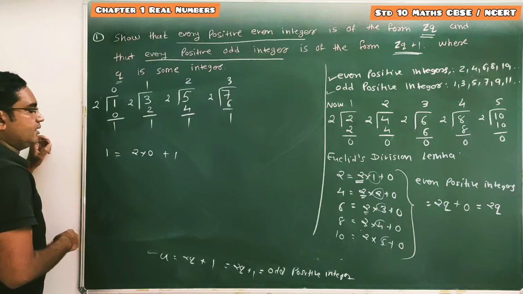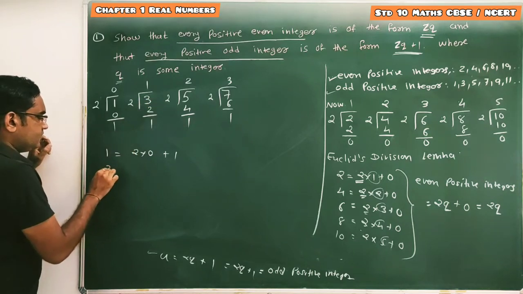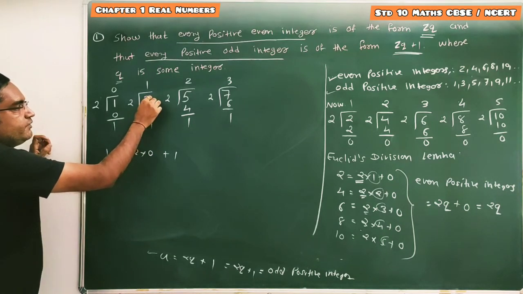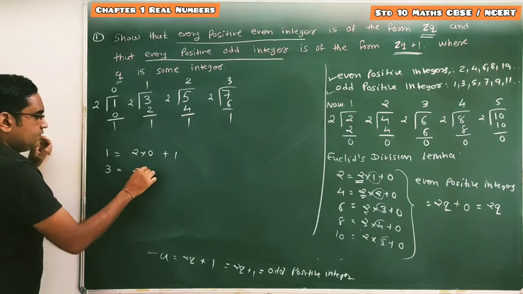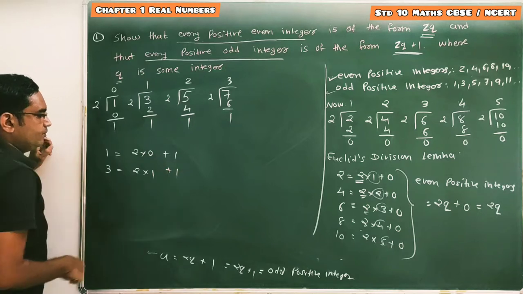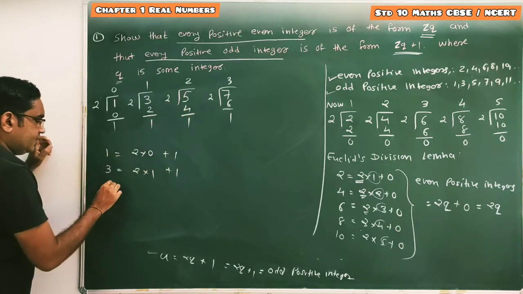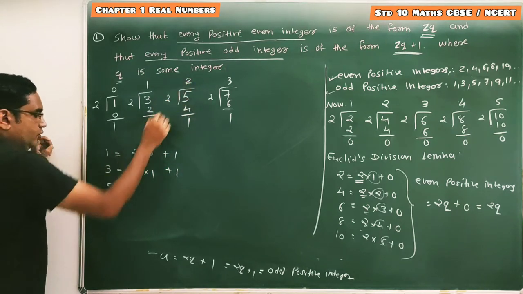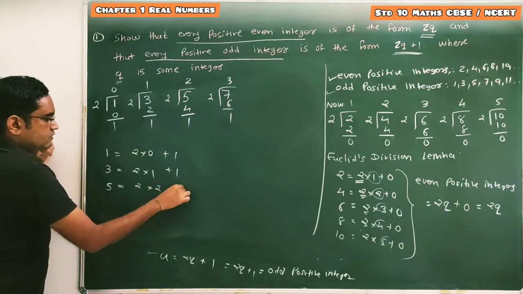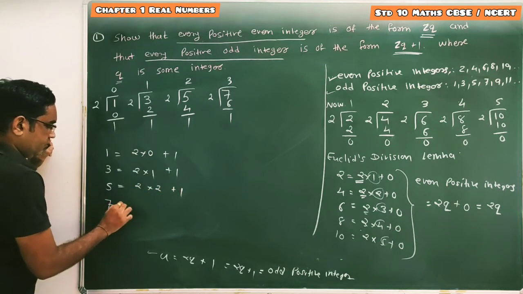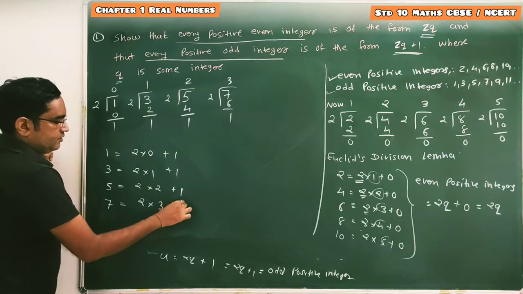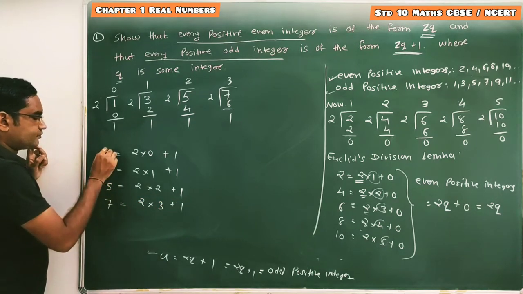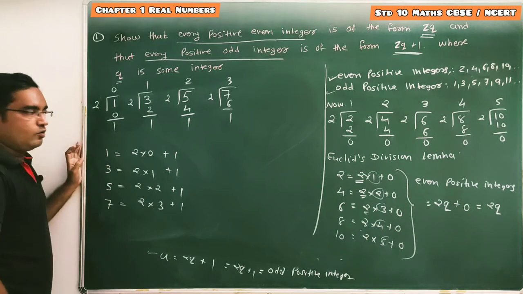Euclid's division lemma. This 3 is nothing but, dividend equals divisor into quotient plus remainder, 2 into 1 plus 1. We can write this 5 as 2 into 2 plus 1. You can also write this 7 as 2 into 3 plus 1. These are the odd positive integers.